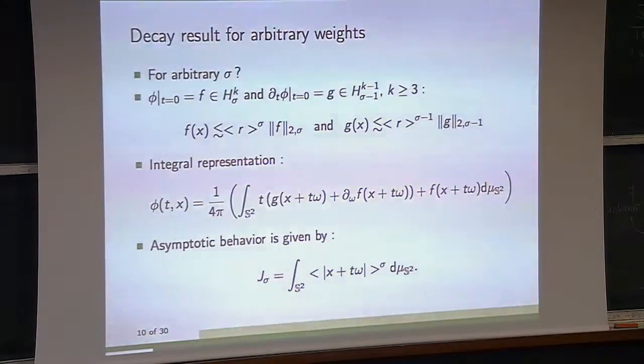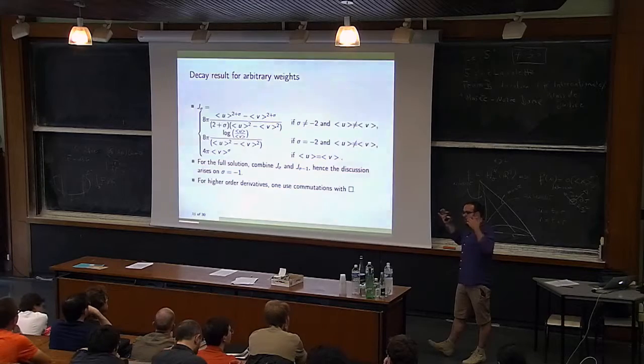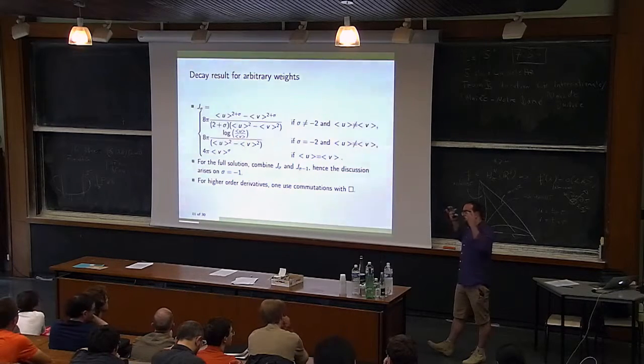If I'm doing so, it happens that I have an explicit expression for this thing. It's not very interesting to look in detail at this expression now. The thing is you have two different weights for the function f and for the function g, corresponding to phi at 0 and dt phi at 0.